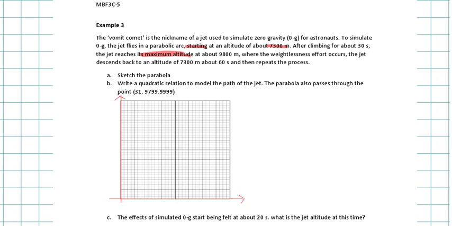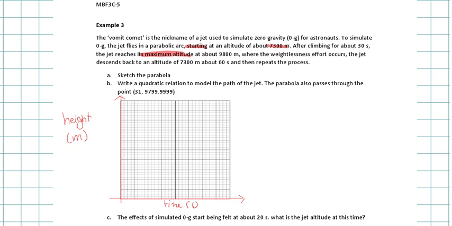Okay? So I know that I have the x and the y, and on the y, I have the height in meters, and on the x, I have time in seconds. I have to decide what my scale is going to be.